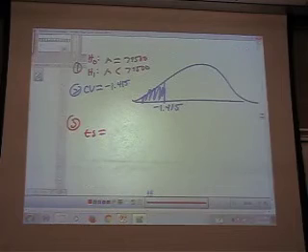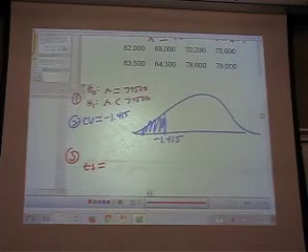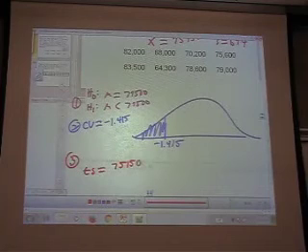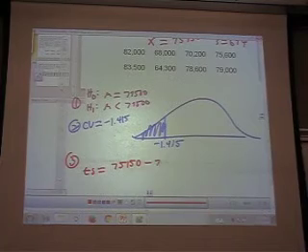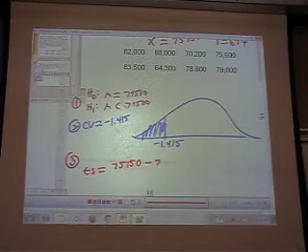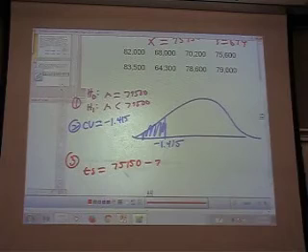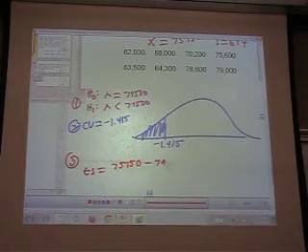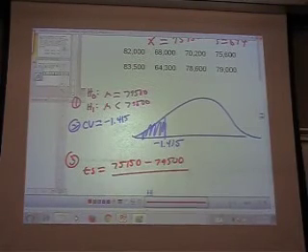So your test stat's going to be 75,150, not minus 0, because this is not dependent. Minus this part right here. This is your mu naught. Your mu naught is wherever you got your claim. Your X bar is where you got your sample. That's how you tell the difference. The X bar is your sample. The mu naught is what is in your claim. Everybody on board with that part?